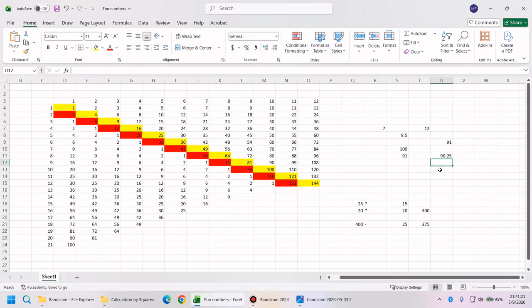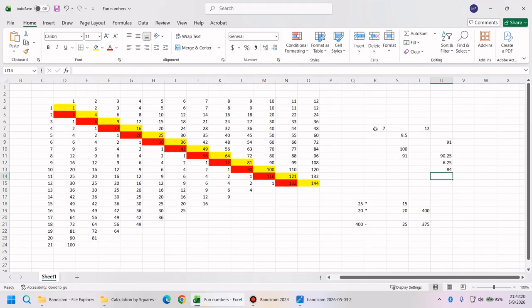9.5 squared, so that's 90.25, and then you would subtract 2.5 squared, so 2.5 squared, gotta put that equal sign in, and then you would just subtract that, equals, boom, 84.